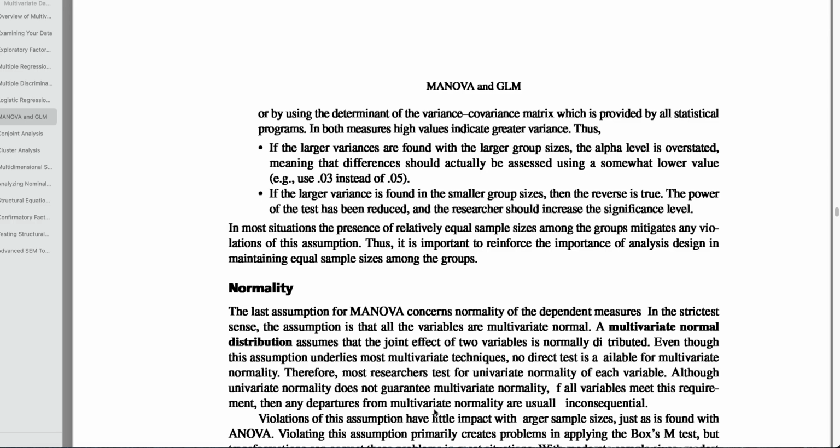If the larger variances are found with the larger group sizes, the alpha level is overstated, meaning the differences should actually be assessed using a somewhat lower value, that is, use 0.03 instead of 0.05. If the larger variance is found in the smaller group sizes, then the reverse is true. The power of the test has been reduced and the researcher should increase the significance level.